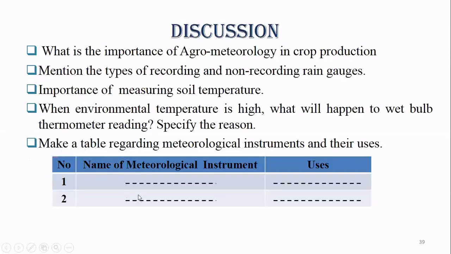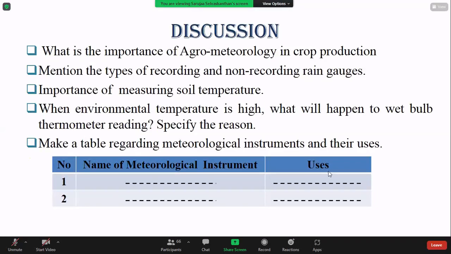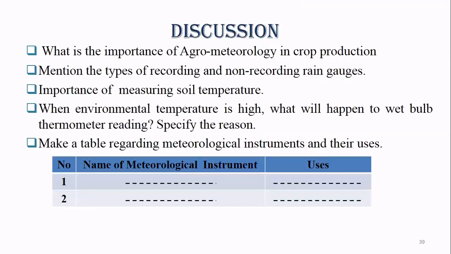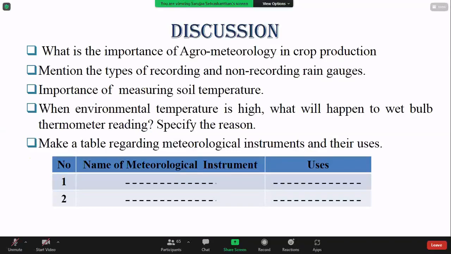And at last, a chart like this: you can get the number and the name of meteorological instruments and their use. What is the purpose of using these instruments? Like that, make a chart. If you make this chart with good additional information, it is enough for the answers to the questions.